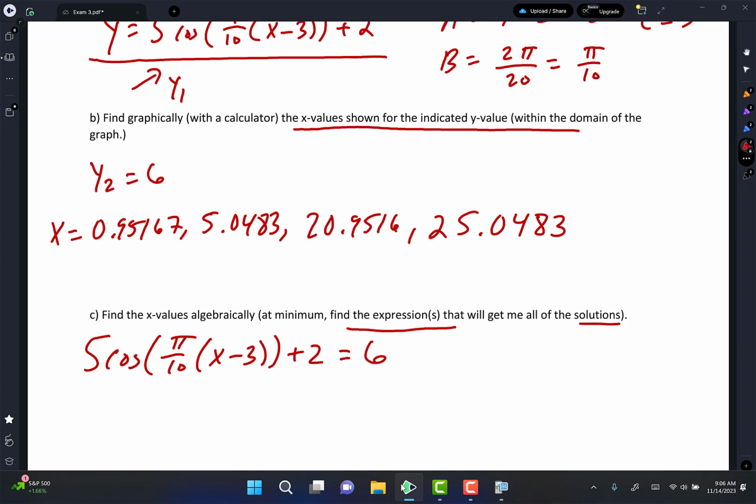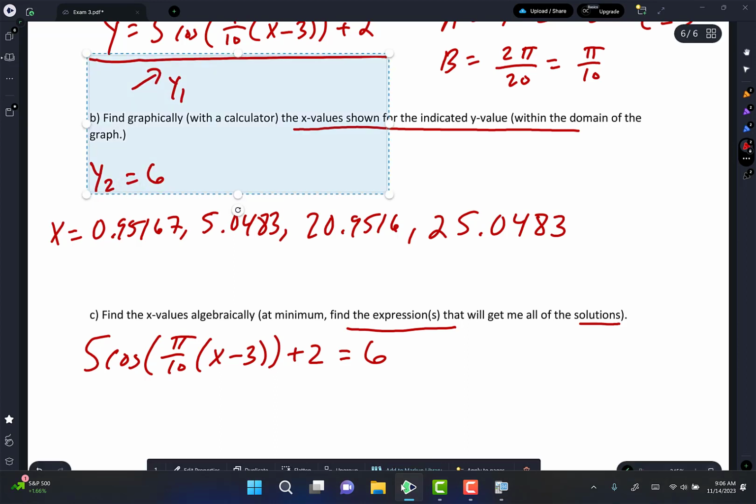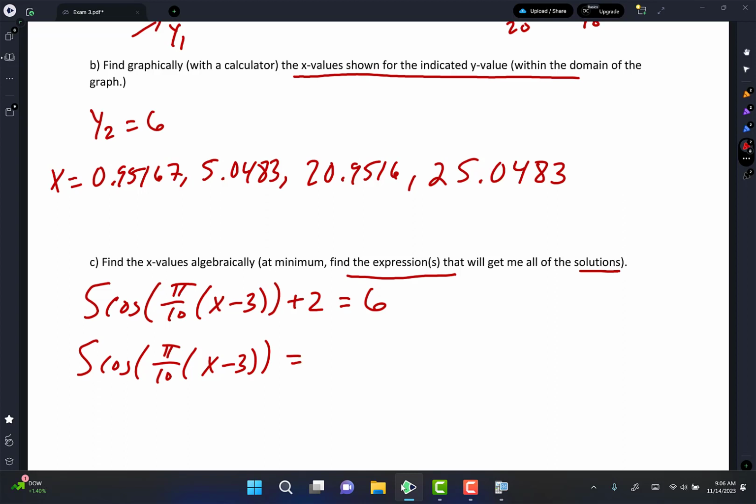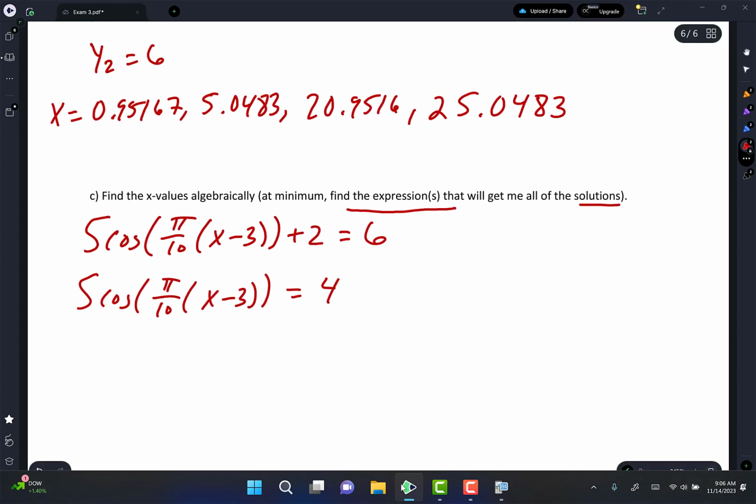All right, next. What's my first move, guys? Yeah, subtract the 2. Minus 2, minus 2. 5 cosine pi over 10 x minus 3, close, equals 4. What's my next move? Divide by 5.